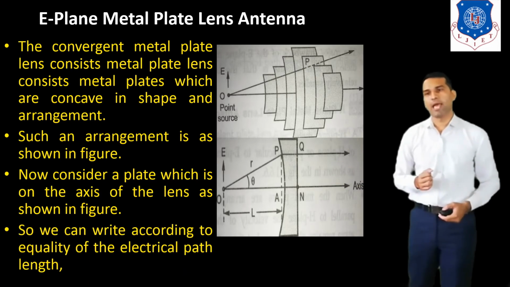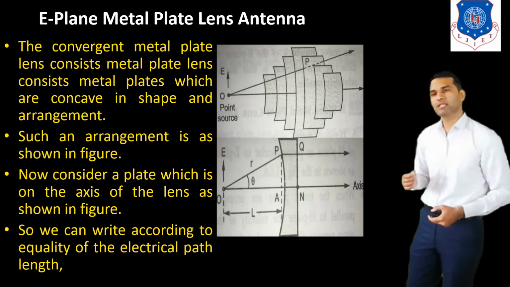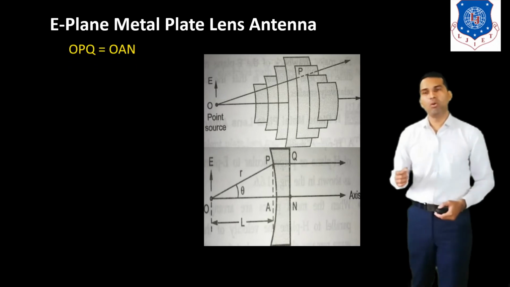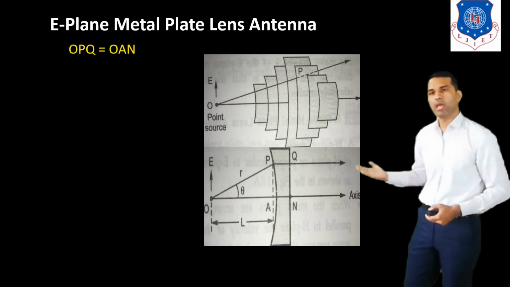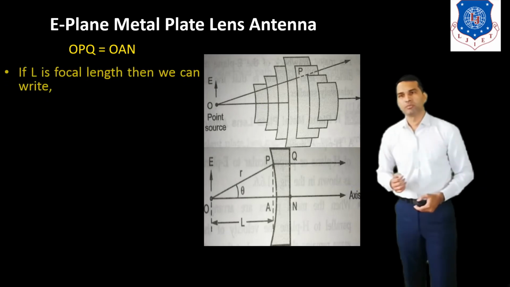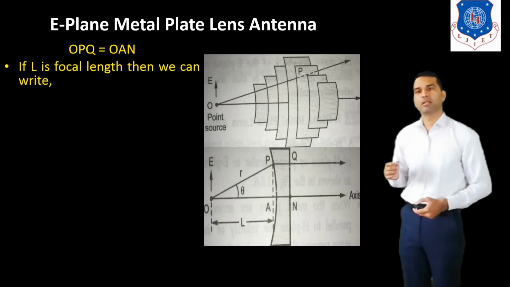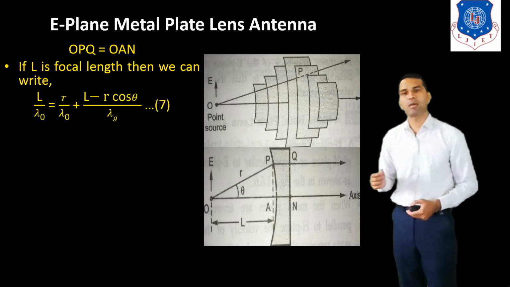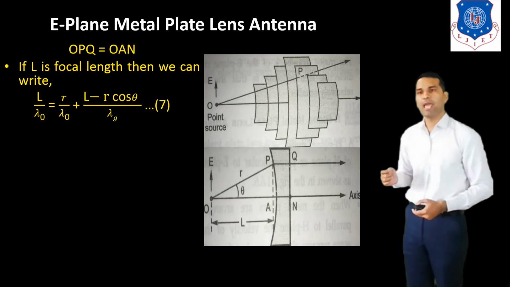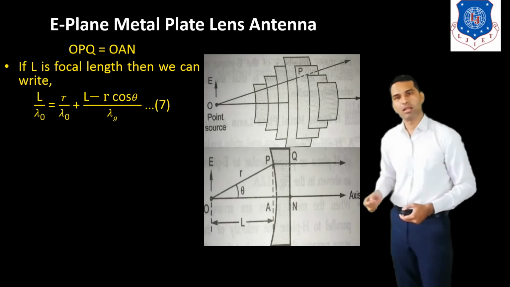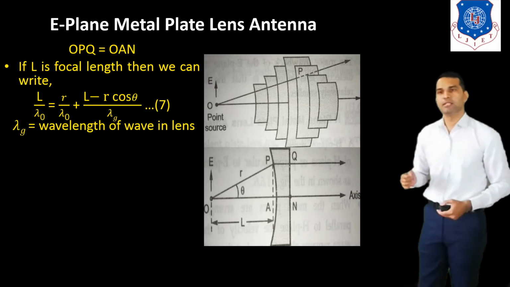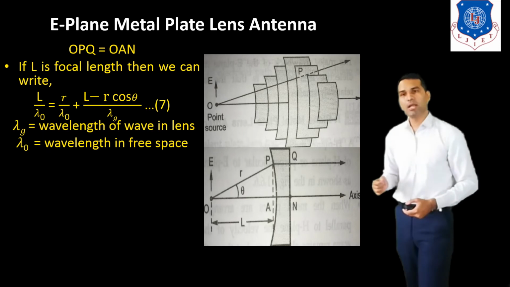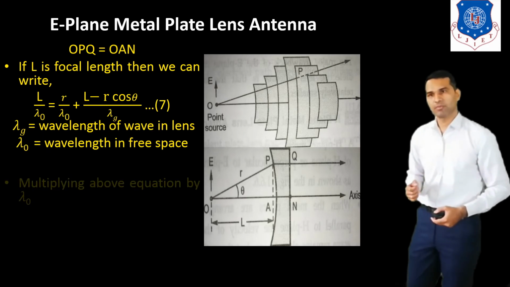According to the equality of the electrical path length, OPQ equals OAM from this figure. If L is the focal length, then we can write 1 upon lambda 0 equals R upon lambda 0 plus (L minus R cos theta) upon lambda g. Here lambda g indicates the wavelength of the wave in the lens, and lambda 0 indicates the wavelength in free space.